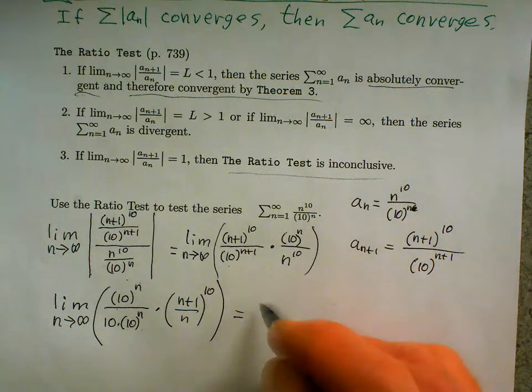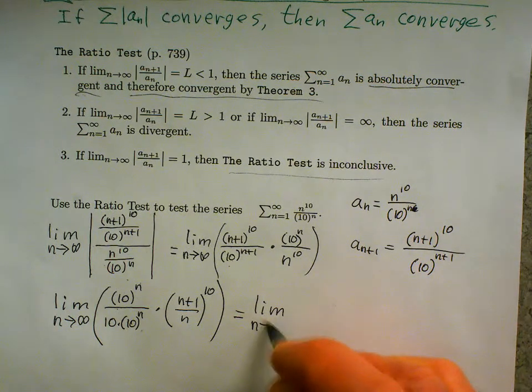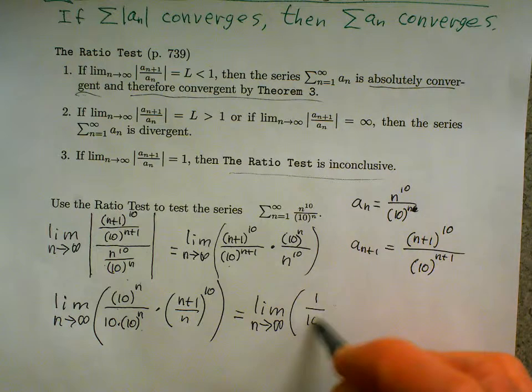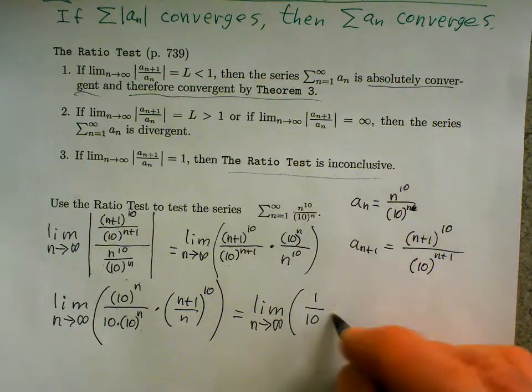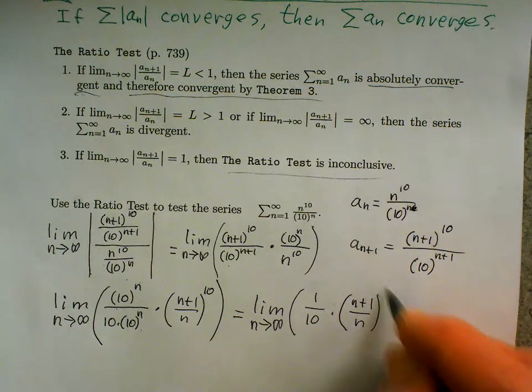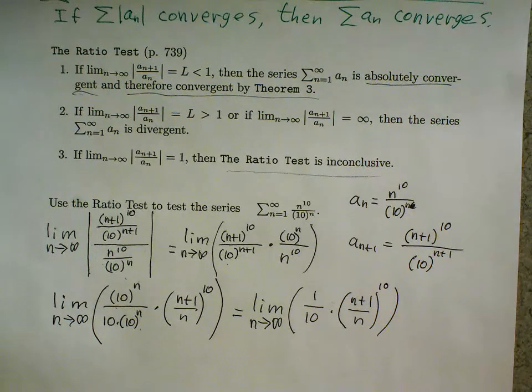So we can write this as the limit as n approaches infinity of 1/10 times ((n+1)/n)^10. Okay, can you see what this limit is going to be equal to? We can take it a step or two further.